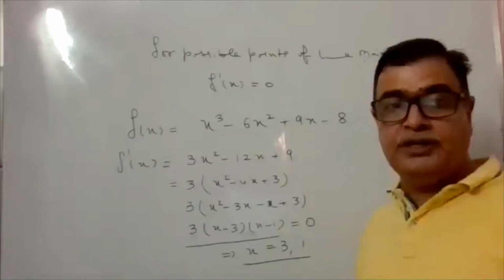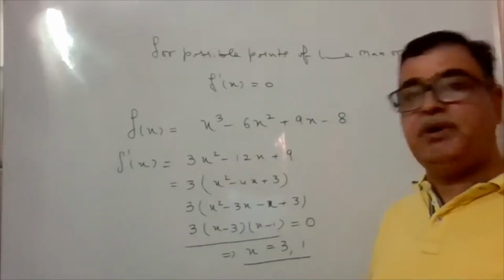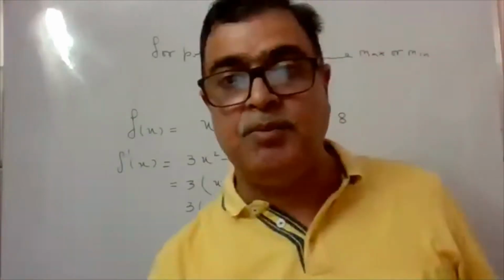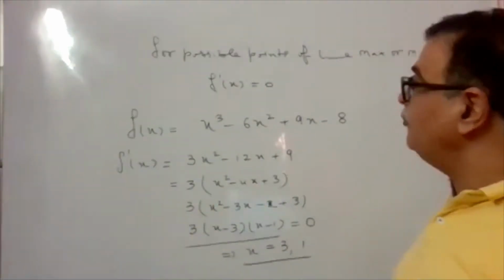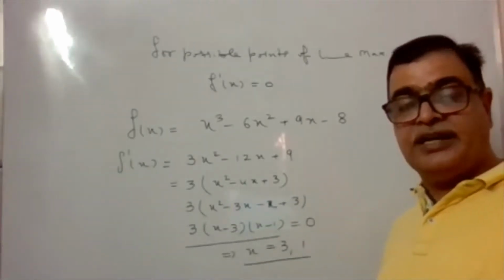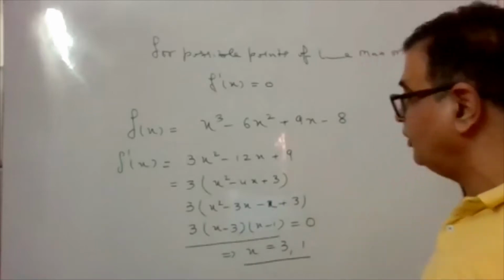These are the 2 points where the function can be maximum, can be minimum, can be a point of inflection also. So we have to check whether it is maximum or minimum. For that, we think about our derivative and where it changes sign, plus to minus, minus to plus, or does not change. We will decide according to that.